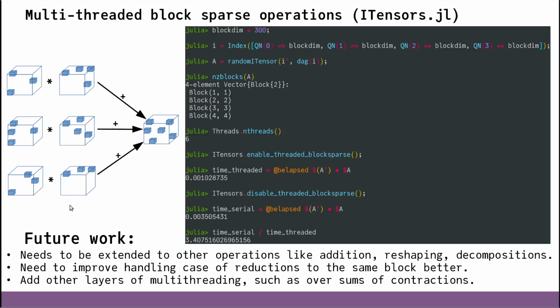I want to point out that, for those who don't know, ITensors.jl now supports multi-threaded block-sparse contractions, which is a feature that we've had for a little while in the C++ version.